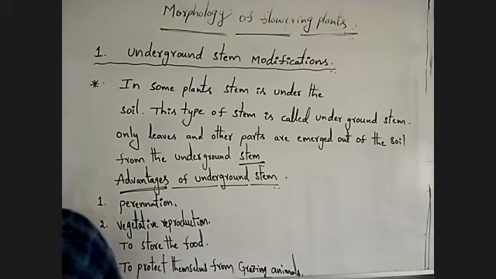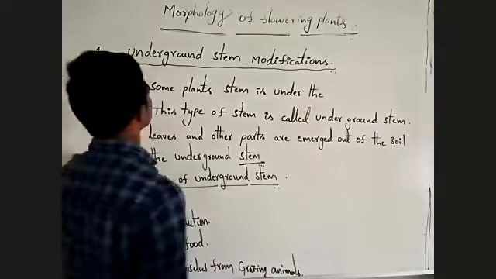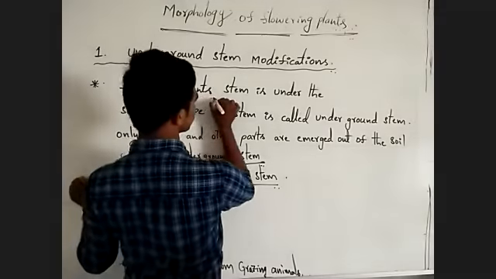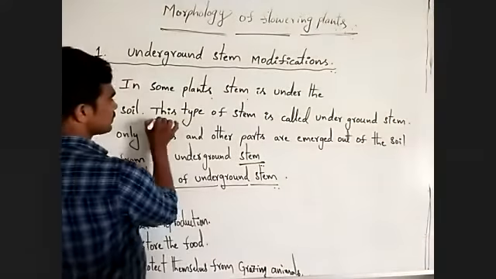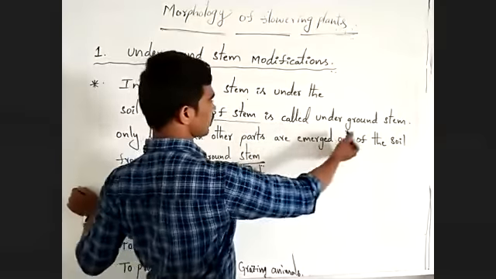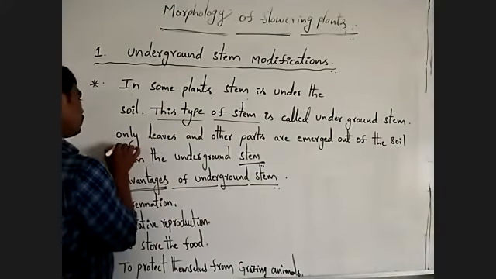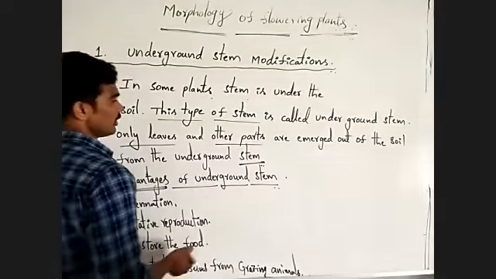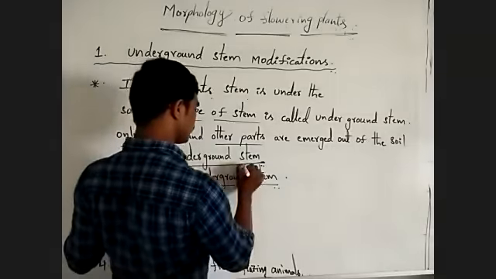Observe underground stem modification. Actually, in some plants, stem is under the soil. This type of stem is called underground stem. Only leaves and other parts are emerged out of the soil from the underground stem.